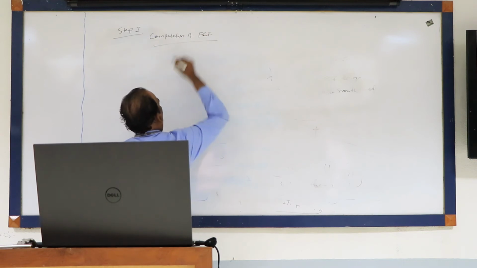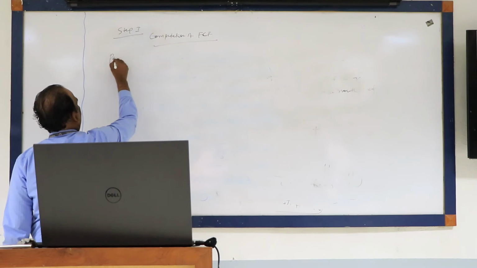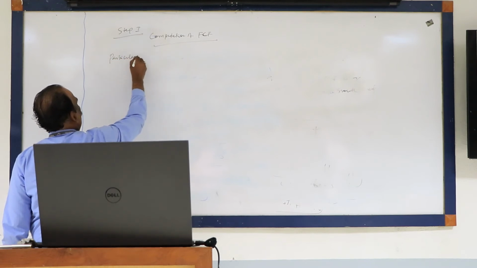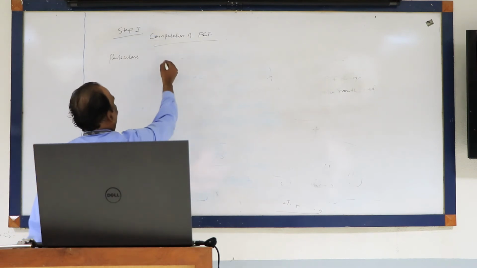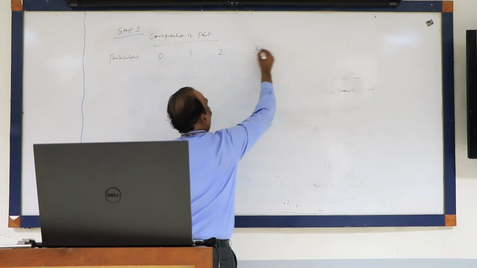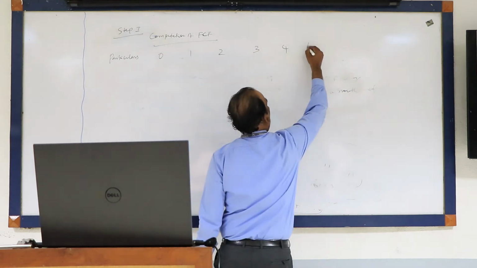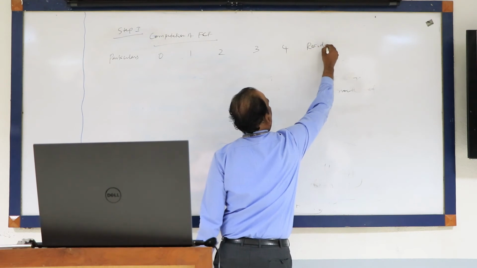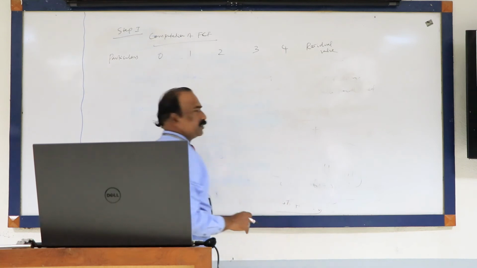First we need to write the particulars: 0 here, then 1, 2, 3, 4, then we need to get the residual value, from the 5th year onwards.